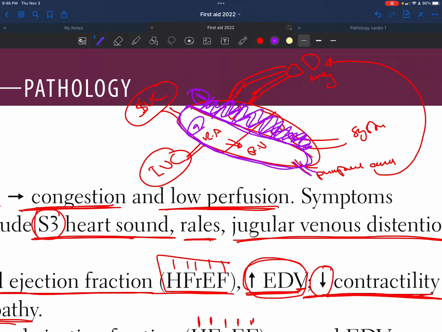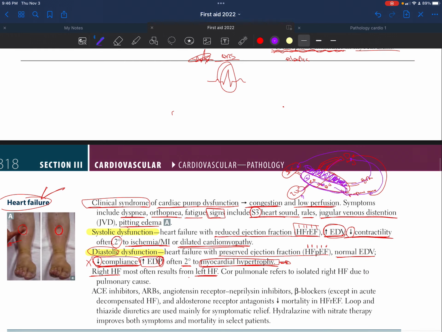The blood going from the left side goes to the systemic circulation, then back into the superior and inferior vena cava, then into the right ventricle, then into the pulmonary artery, then to the lungs, and then going back. So that's good to know.